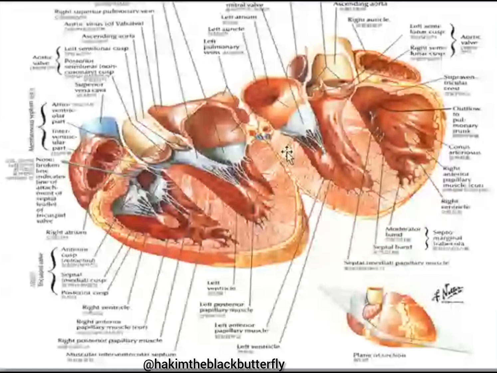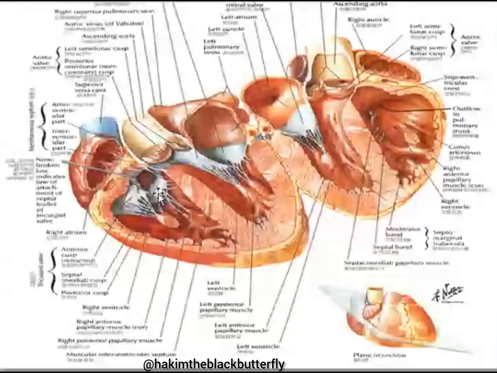So here we have the bicuspid valve, and you can see it has two cusps. And here we are seeing the tricuspid valve. We're having this one, which is attached to the interventricular septum. One of the three cusps, this one is attached to the interventricular septum.